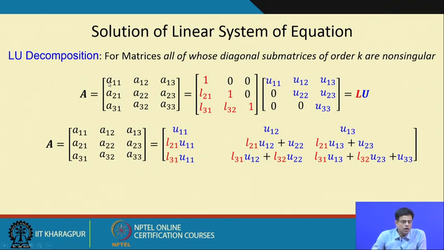Actually, the meaning of this sentence is this: A11 has to be greater than 0, and the submatrix A11, A12, A21, A22, its determinant has to be greater than 0.